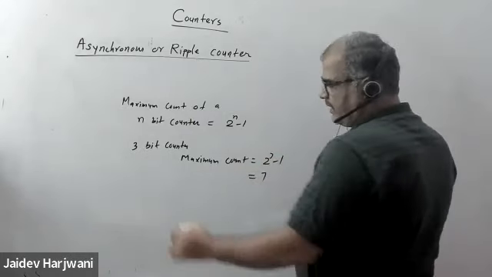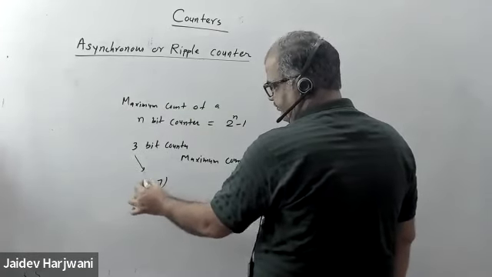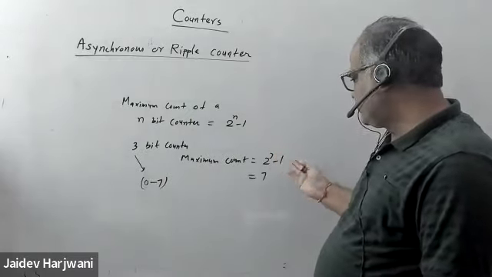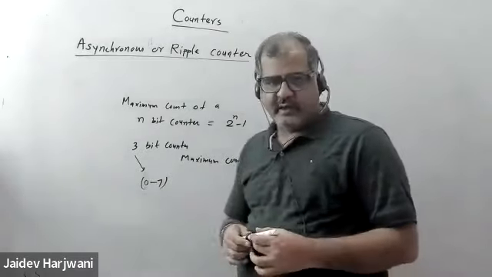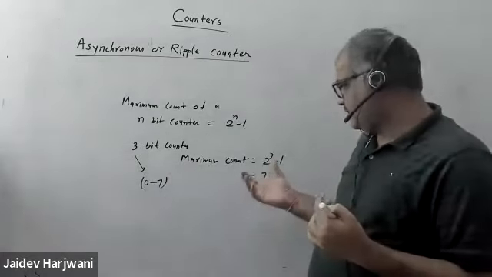So a 3-bit counter can count from 0 to 7. Similarly, a 2-bit counter can count up to 3, 0 to 3. A 4-bit counter can count up to 15, 0 to 15. The number of states will be 8.